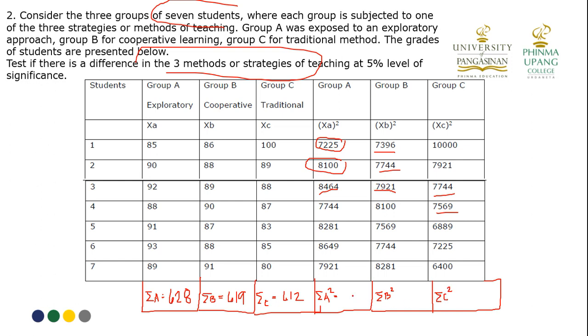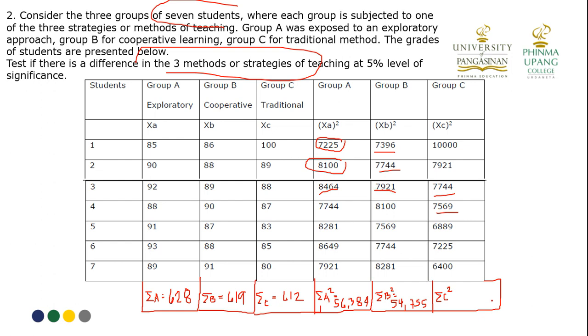56,384. Okay, kakasya ba to? Ilan? 56,384. Next. 54,755. 54,000. Ano yung susunod? 755.